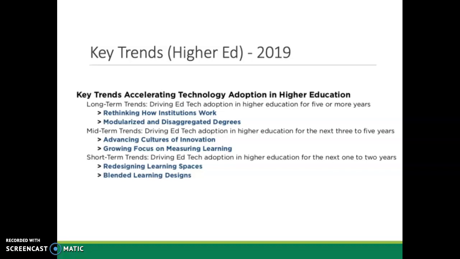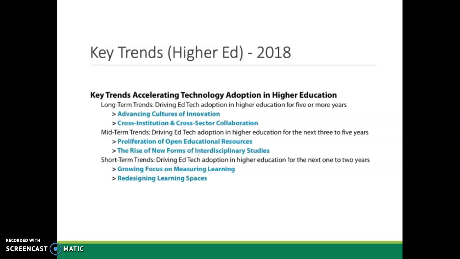So they are proposing long-term, midterm, and short-term trends. So the long term is driving adoption for 5 years or more. Midterm is 3 to 5 years, and short term is 1 to 2 years.